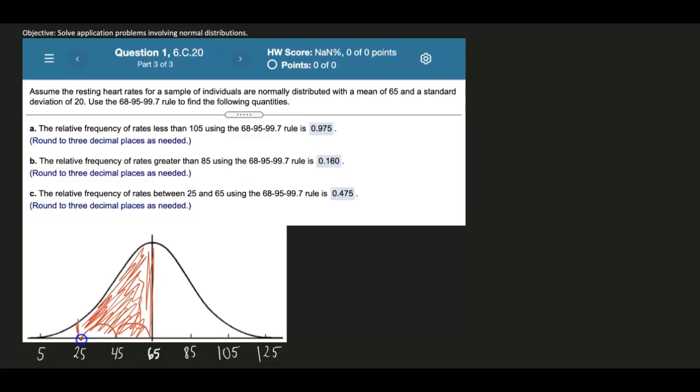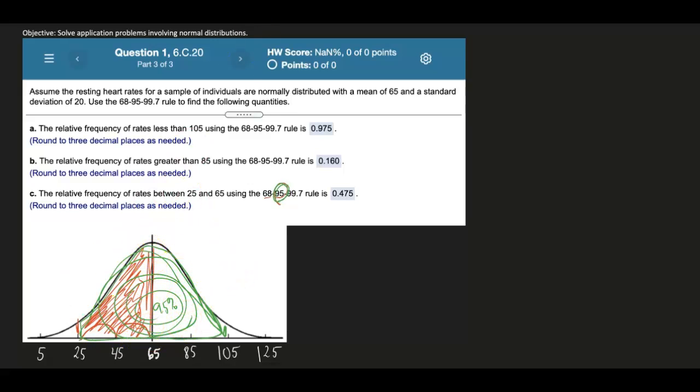That's 1, 2 standard deviations away. So I go to the second number in that rule. Let me use a different color here. The second number in that rule says that within 2 standard deviations of the mean, what we have here is 95%, all in green.